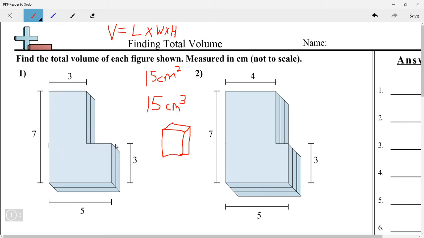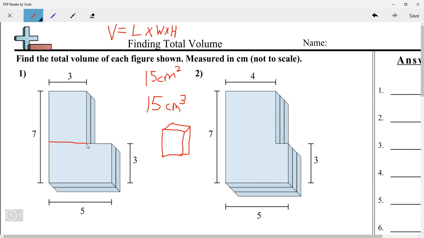So let's go through and try to figure out how we can find the volume of these shapes. So the first one, now what we're going to have to do here is we're going to have to split this rectangle up into 2 rectangles.